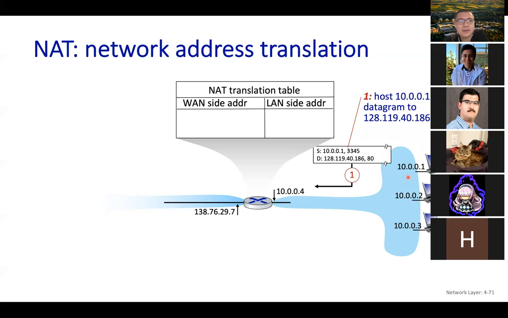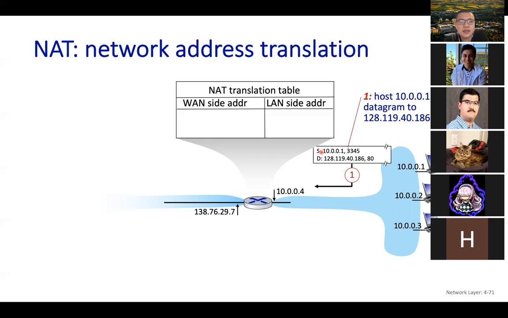Remember the subnet. For example, this is a subnet mask with /24, so the last 8 bits allow about 254 devices. For example, we have 3 devices in the subnet. The first one needs to send a datagram to this global IP address with port number 80.